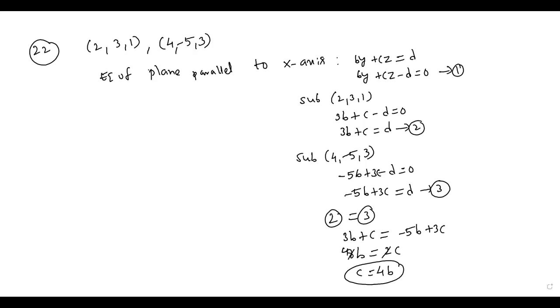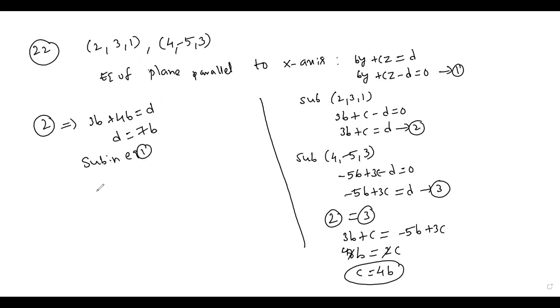Now after getting c in terms of b, d also we need to change in terms of b only. From the second equation, 3b plus c, and c is nothing but 4b, is equal to d. D is equal to 7b.